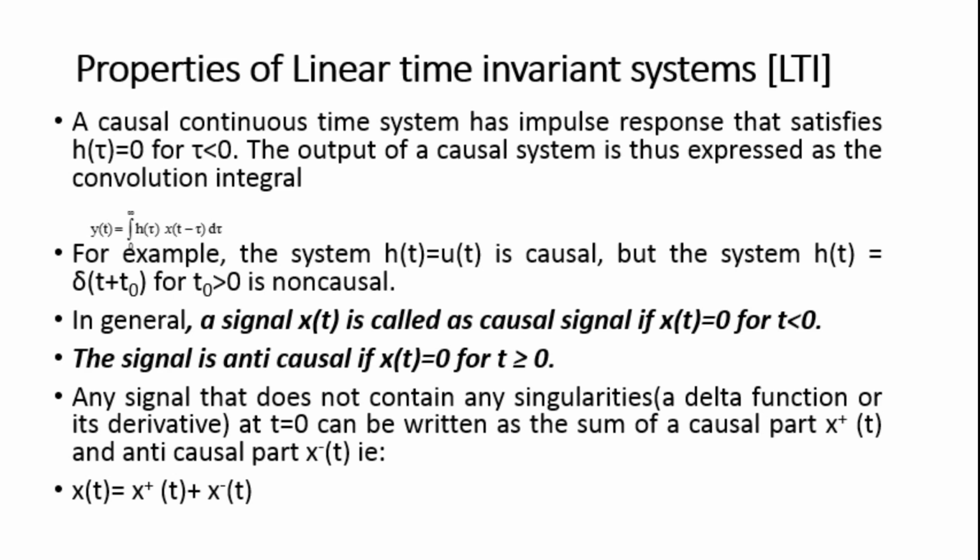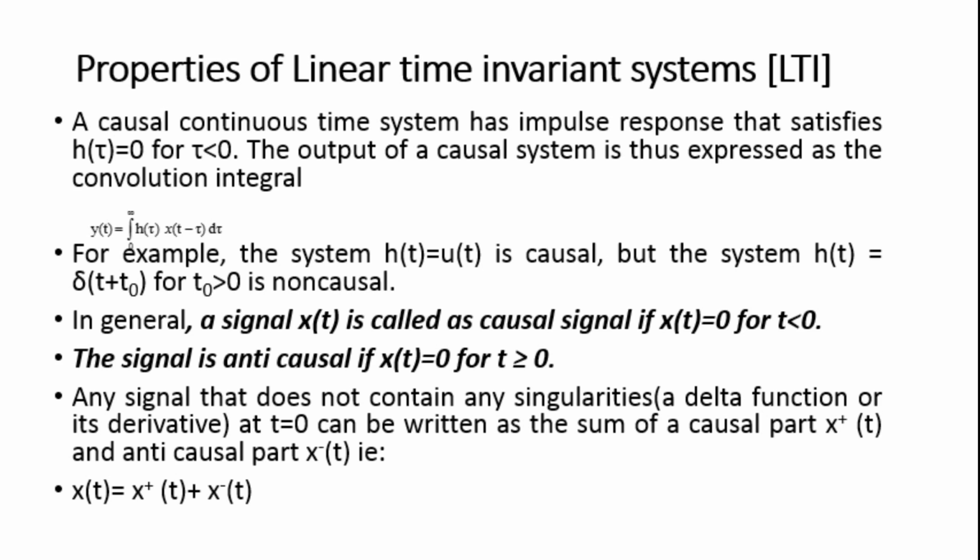In general, a signal x(t) is called a causal signal if x(t) = 0 for t less than 0. The signal is anti-causal if x(t) = 0 for t greater than or equal to 0.